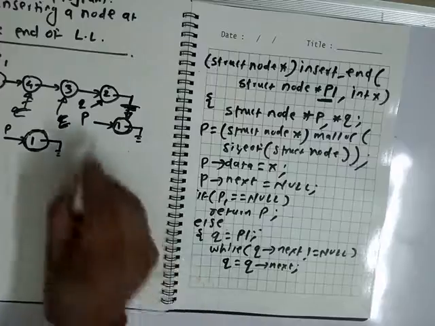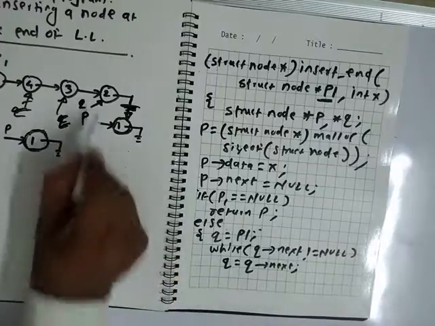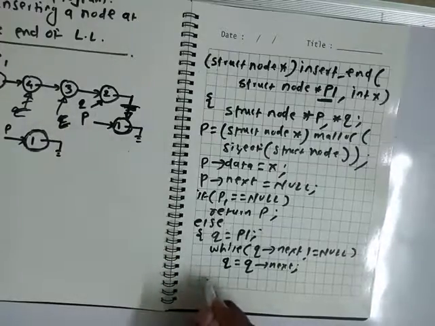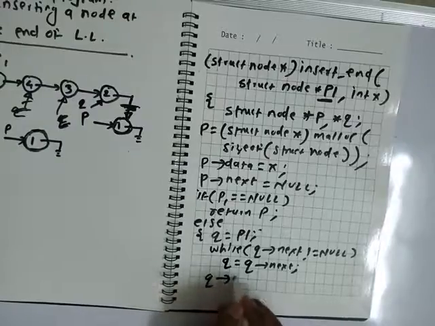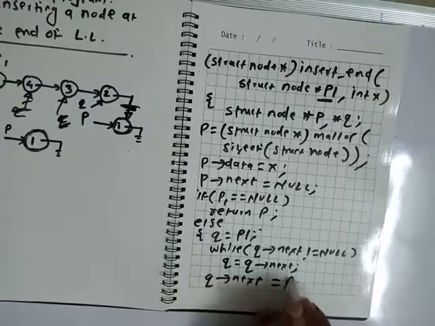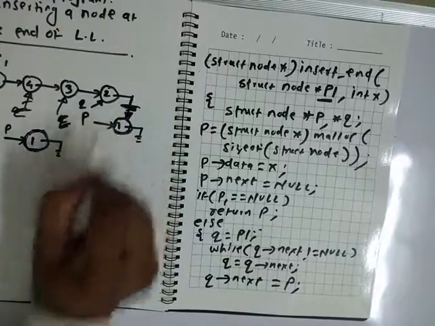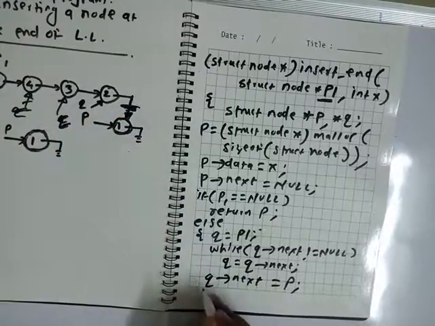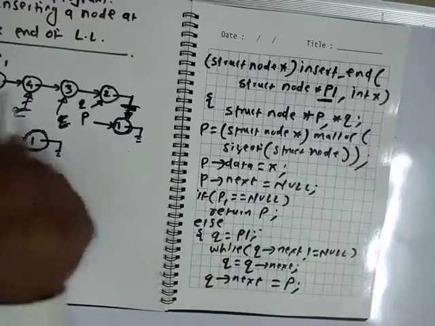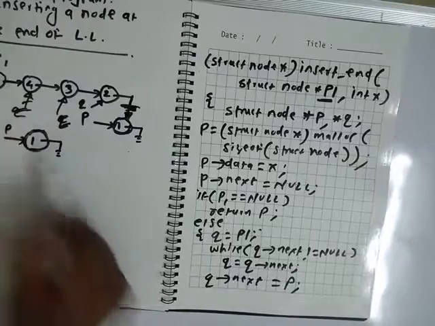Then after this, out of this while loop we'll say q arrow next equal to p, right? So then this q arrow next will point to p, right? And then we'll say return p1. In fact, our first node is not changed at all.